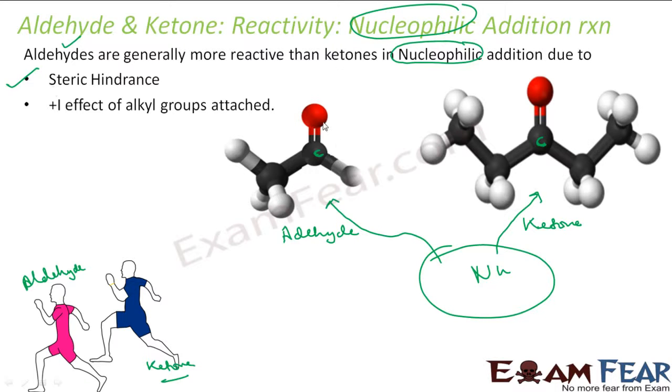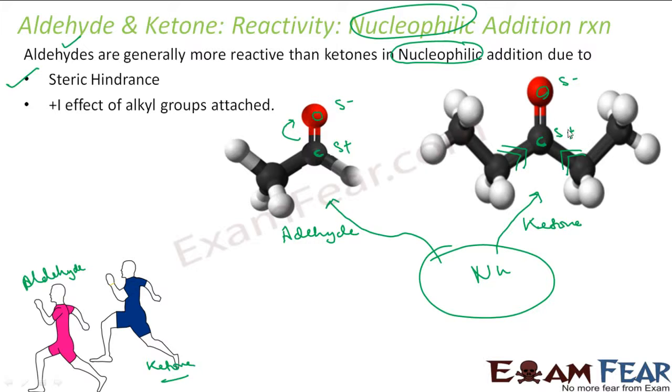The next is the plus I effect. As I told, oxygen is more electronegative than carbon, so oxygen develops partial negative charge and carbon develops partial positive charge. Now these are my alkyl groups, and they have a plus I effect. This partial positive charge is neutralized by these alkyl groups, which provide electrons to this carbon.